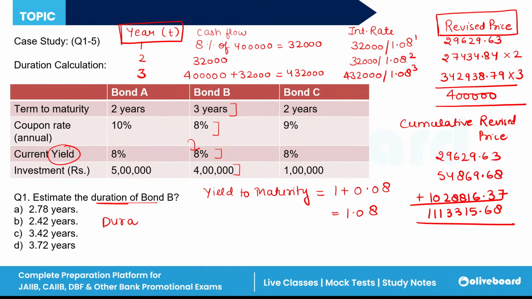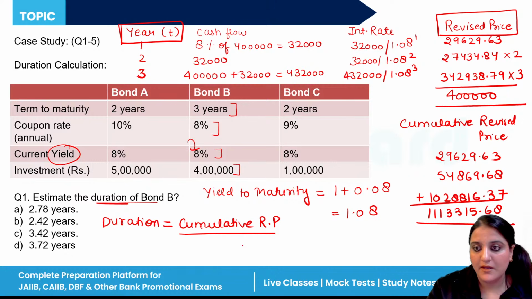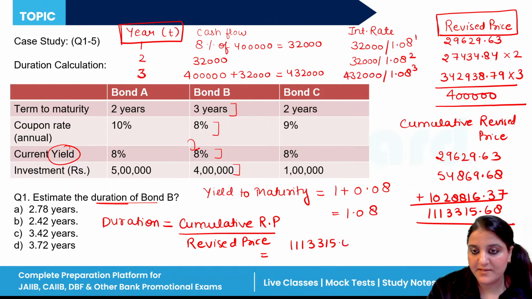Now we have to find the duration. So duration equals the cumulative revised price divided by the revised price. That is 11,13,315.68 divided by this 4 lakh.